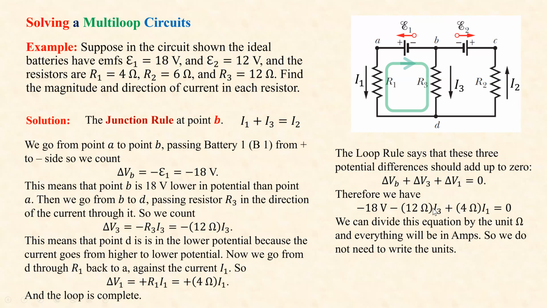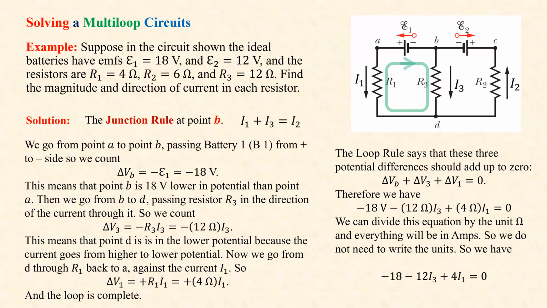This is ohm times amps, which is volt, and this is also ohm times amps, which is volt. So everything is in volts, but we can divide by ohm, so everything is in amps, and then we don't write the units. So if we do that, we get negative 18 minus 12 I3 plus 4 I1 equal to 0. Okay?